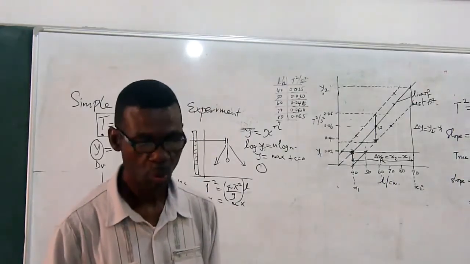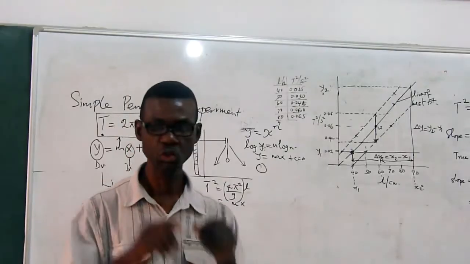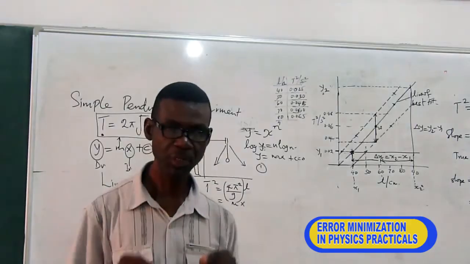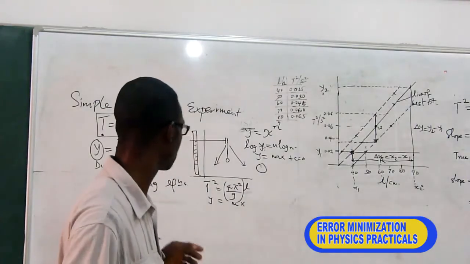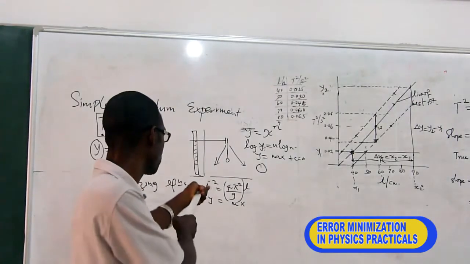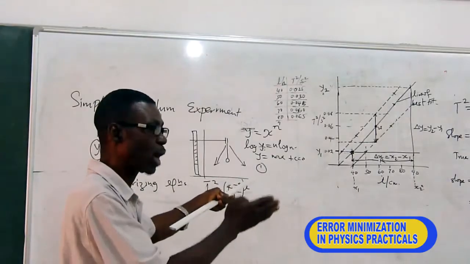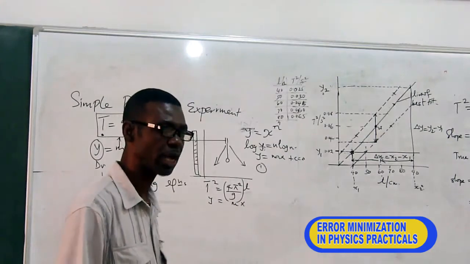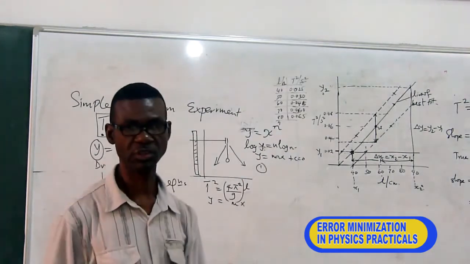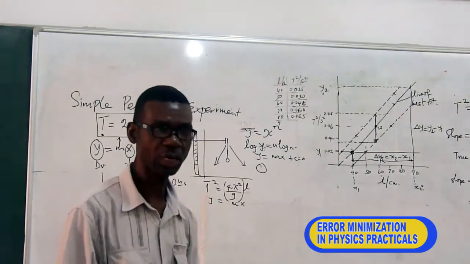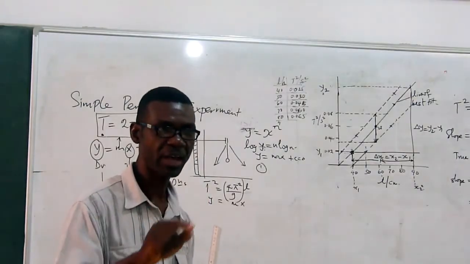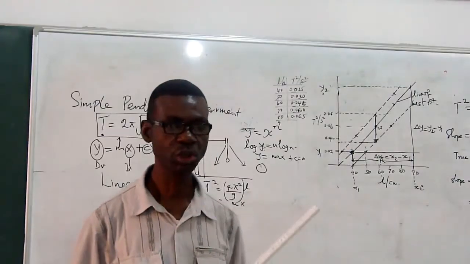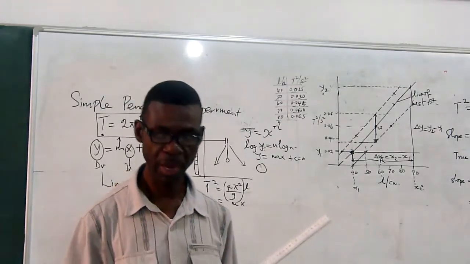One of the ways of handling error is to repeat your measurements. Like this T, if I take time for 10 oscillations, I can take it as T1, T2, or T3, so that I have a series of T's. That means I'll be able to take my time at least twice, and I can find the average, by so doing minimizing my error.